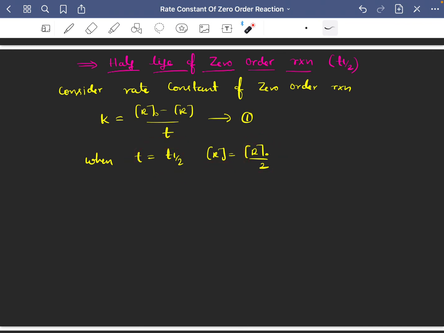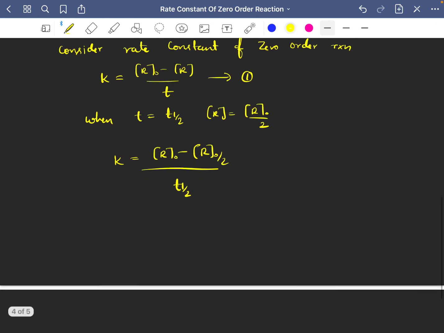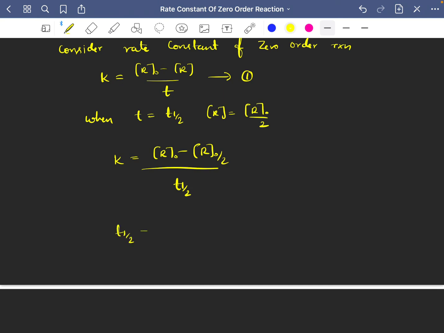Now what we have to do is substitute these two values in equation 1. Now K is equal to concentration of R naught, and in the place of R, substitute R naught by 2, all by t half. So t half will be equal to, see, R naught minus R naught by 2 can be written as 2 R naught minus R naught, by 2.